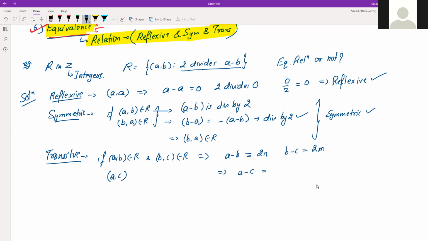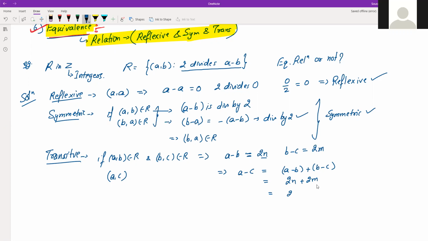So from the above two, what is a minus c? a minus c is nothing but (a minus b) plus (b minus c). Now what is a minus b? It is 2n. What is b minus c? It is 2m.